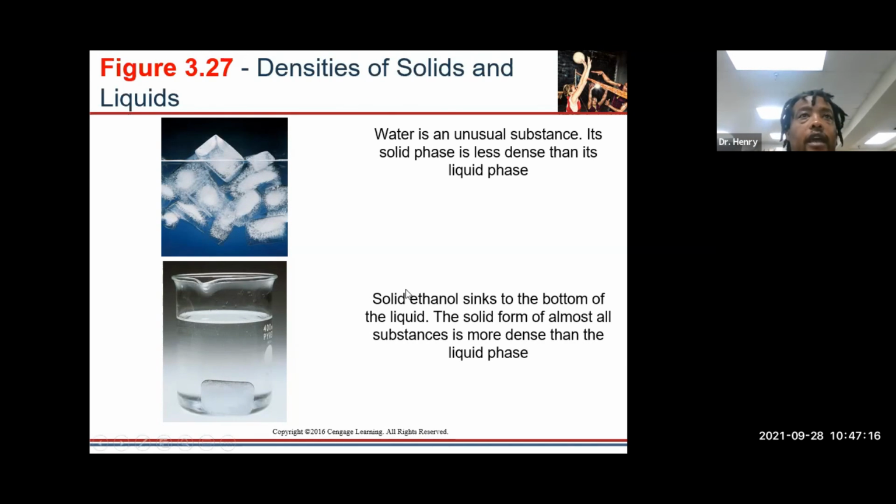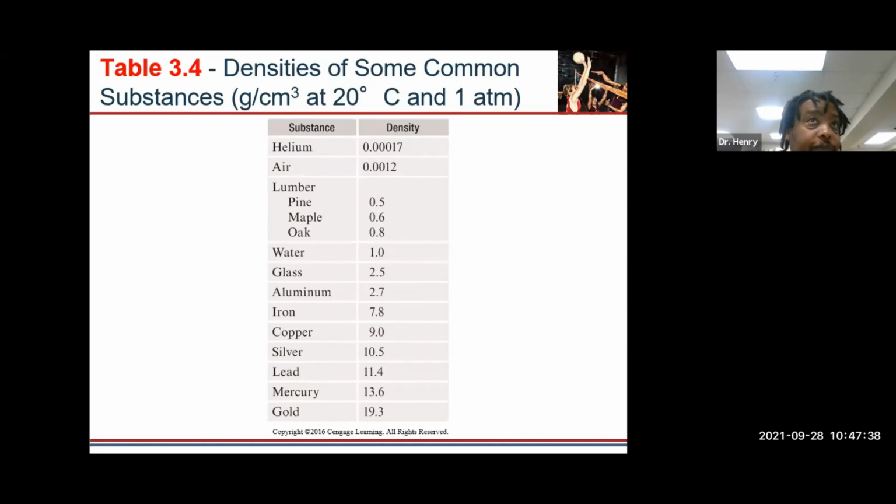Okay, so if I put a log on a river, does it float or does it sink? Anyone? Okay, so a log on a river is going to float. And that's because it's less dense than the water itself.